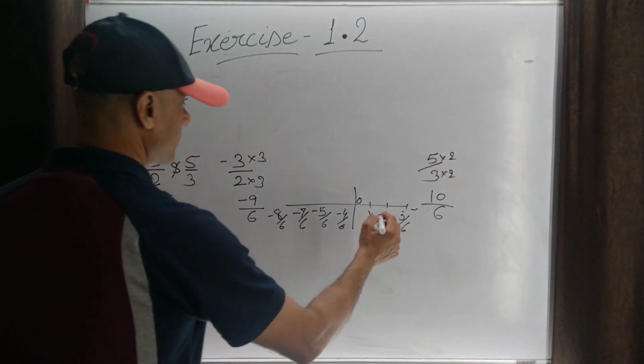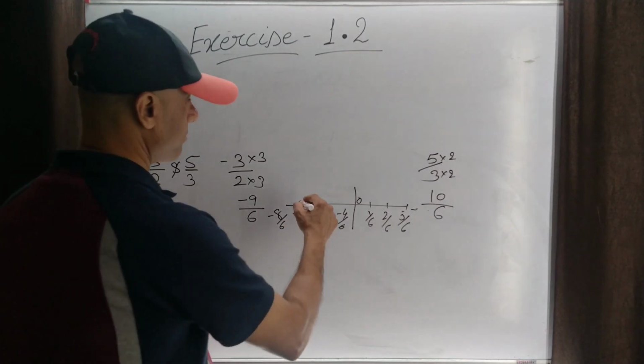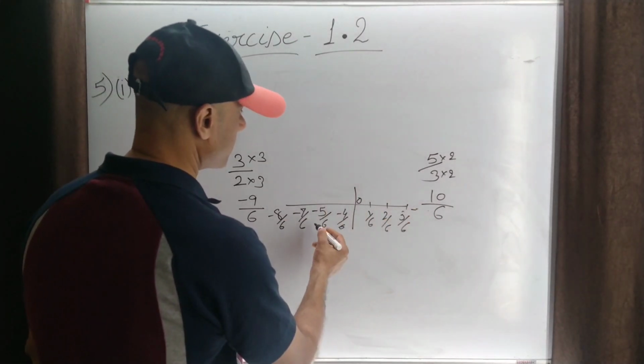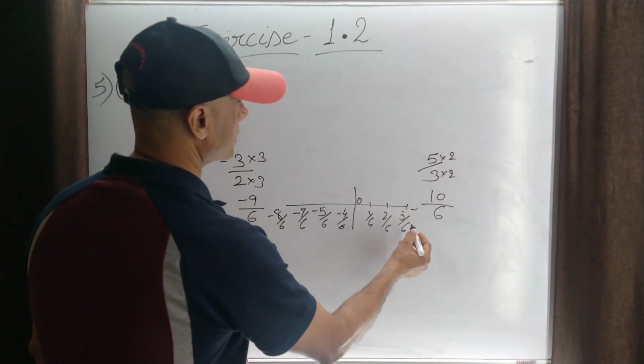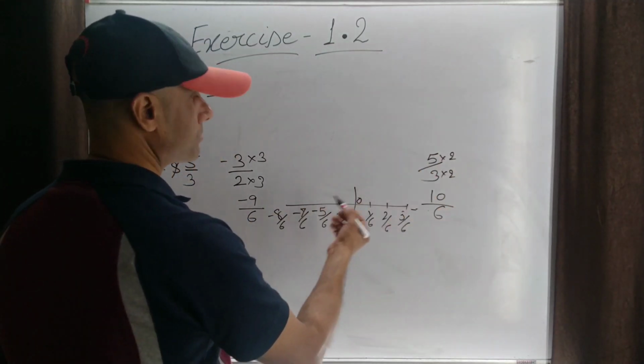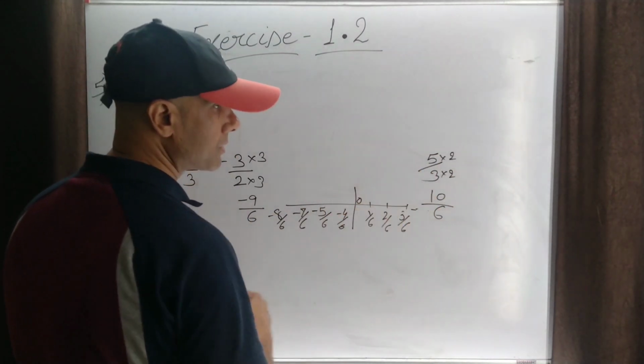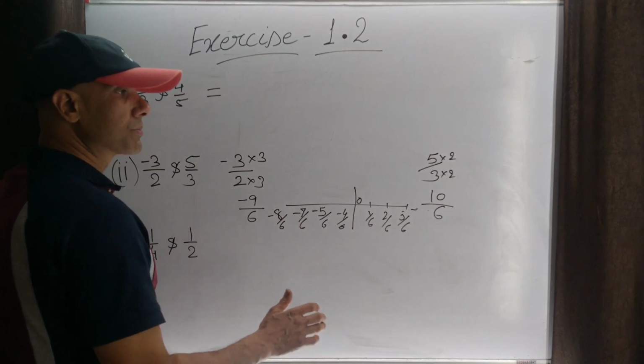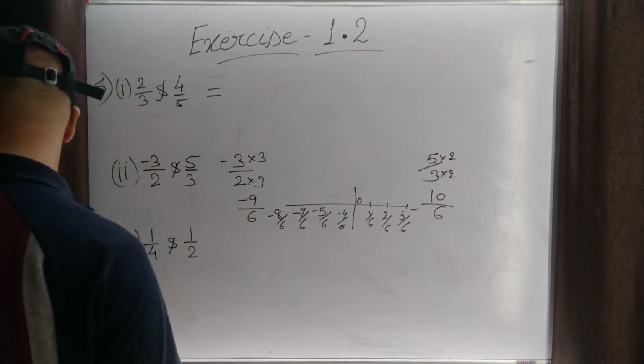So you get so many numbers, you can choose any of them, minus 5 by 6, 1 by 6, 2 by 6, like that. So this is how you find rational numbers between two rational numbers. Okay.